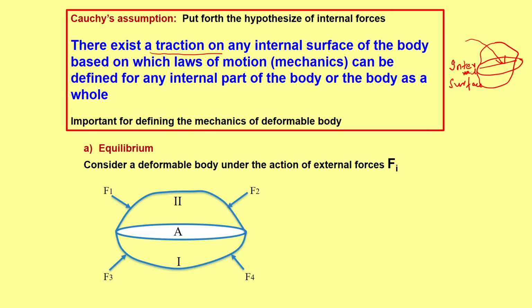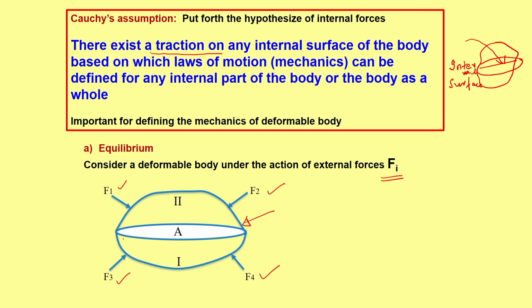Let us say the equilibrium condition. Consider a deformable body under the action of external forces Fi. Let us say why it is Fi, because you have F1, F2, F3 and F4. Now, this is a typical deformable body.